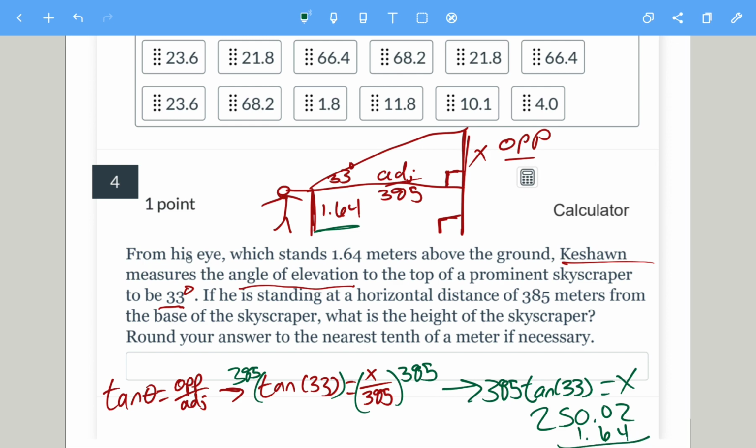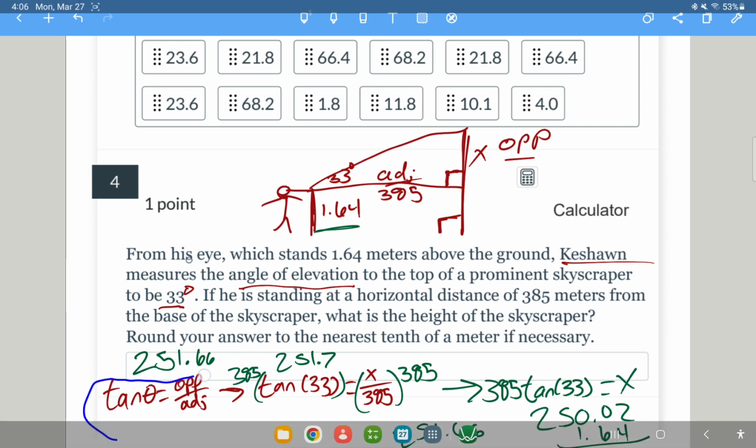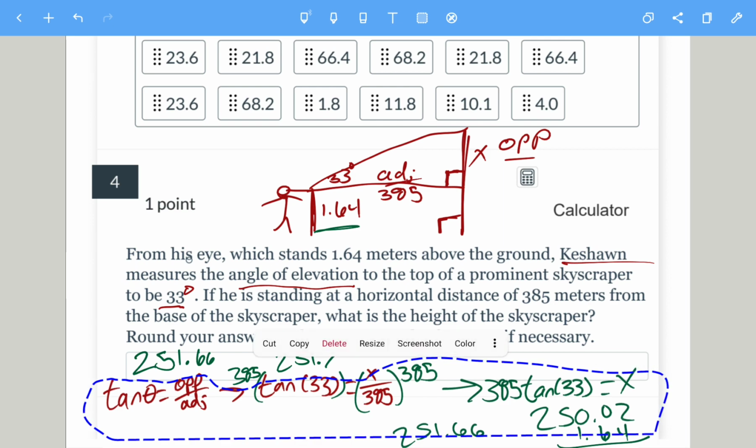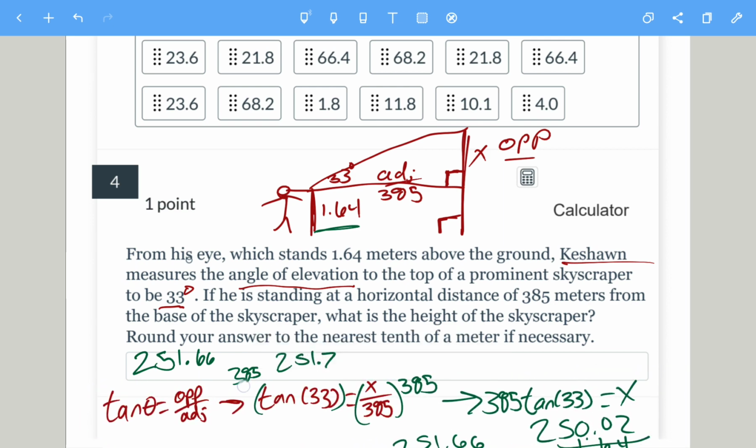So that gives me 251.66, which rounds up to 251.7. And depending on how you rounded it, you might have gotten something slightly different. But that's okay.